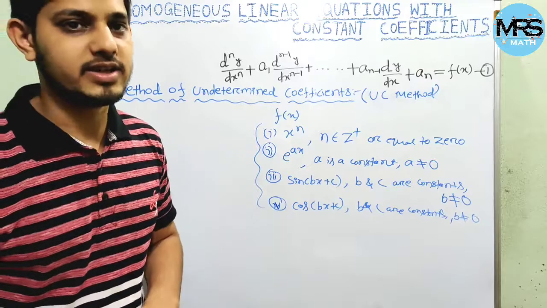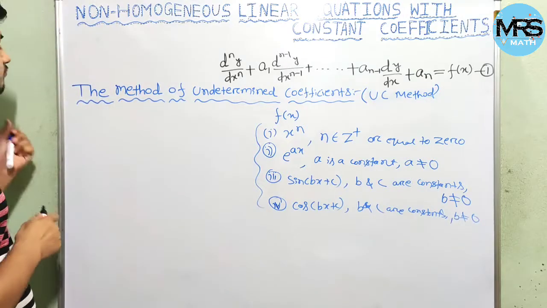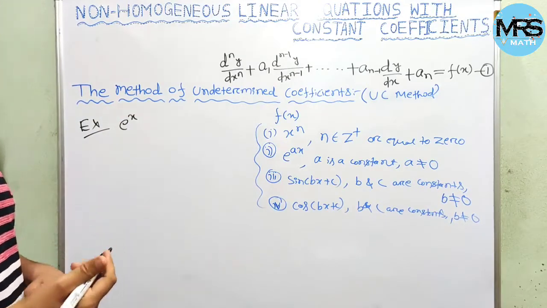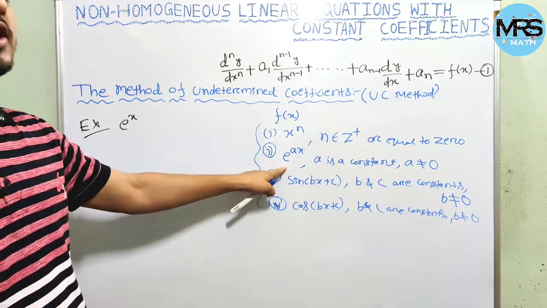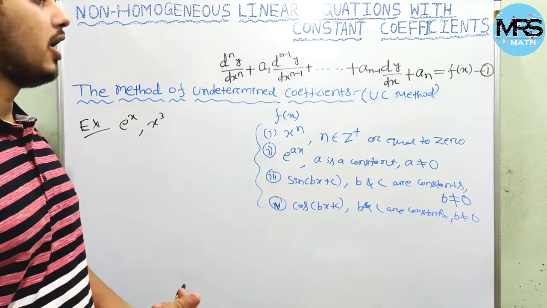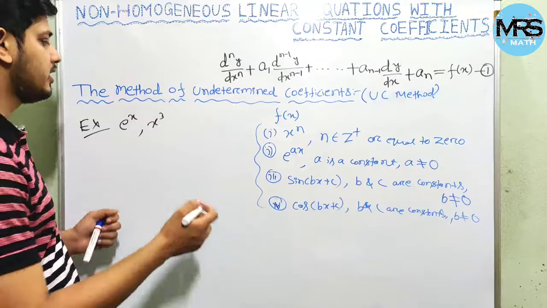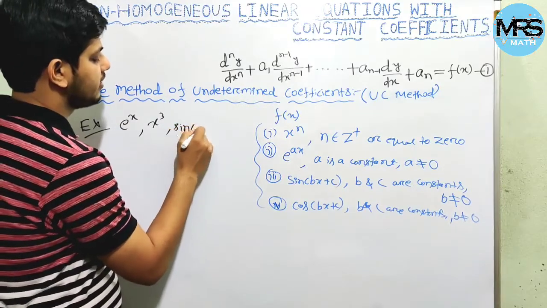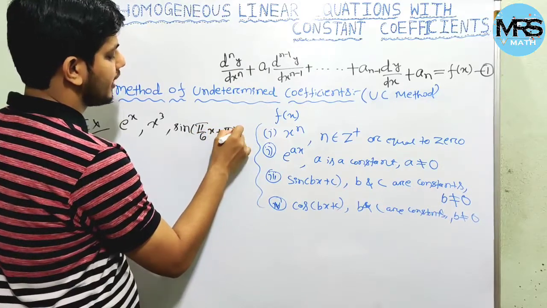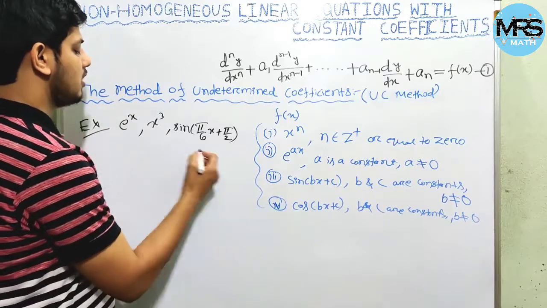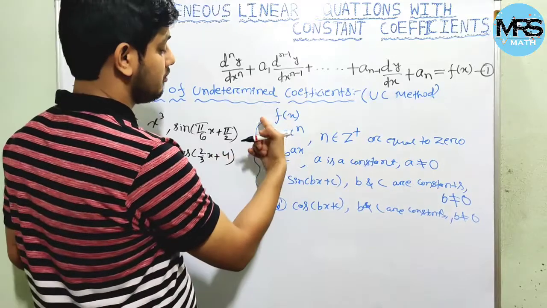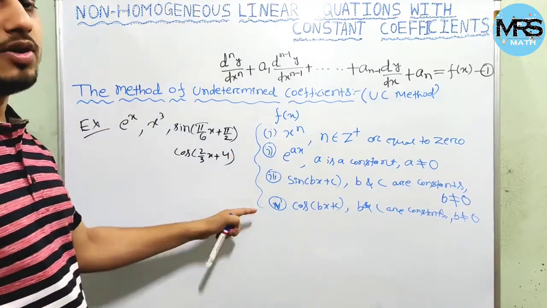If we go for examples, e to the power x is an undetermined coefficient function because it is of this type. x cube is also one. Sine of pi by 6x plus pi by 2, or cos of 2 by 3x plus 4, anything, but it should be of this type or their product.